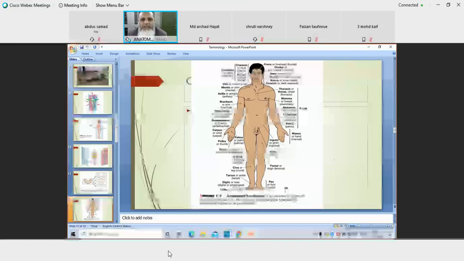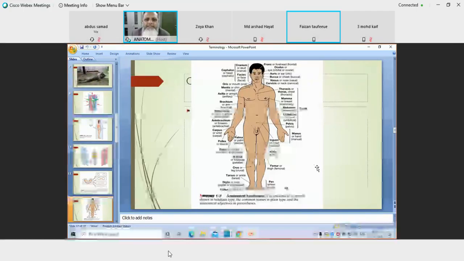Now another term which is used is proximal and distal. Which term? Proximal and distal.